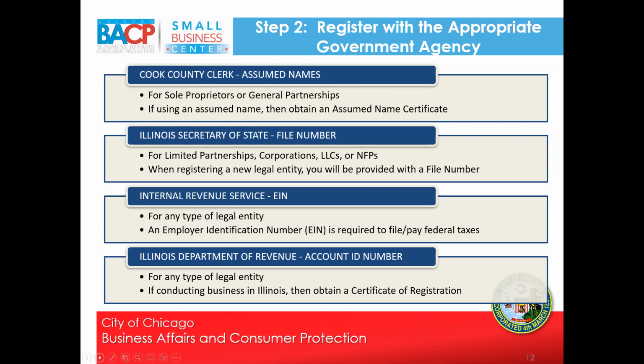Like I mentioned before too, if you're doing any type of partnership, corporation, LLC, or not-for-profit, you are going to need an EIN number that you're able to obtain with the Internal Revenue Service. And again, if you're going to be selling anything tangible within the city of Chicago, then you have to make sure you get with the Illinois Department of Revenue in order to obtain that IDOR number from them. Next slide, please.